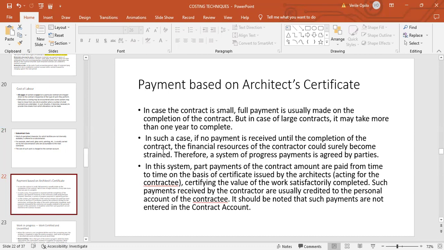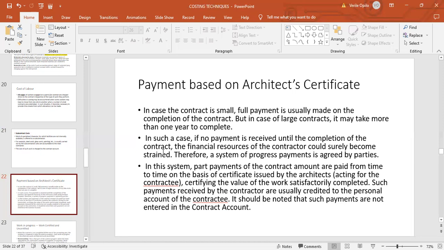Most contracts take more than 1 year before you're able to complete them. By the time the first year is ending, you have not yet completed the contract. There is a proportion of the work you're supposed to do that is not yet complete.